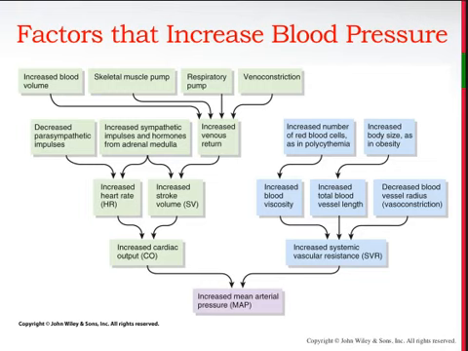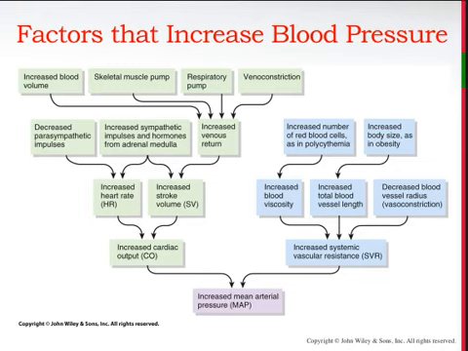So in this summary slide, we're looking at things that increase the mean arterial blood pressure, or the MAP, the mean arterial pressure. So we'll start up on the left in green. We can have increased blood volume. We can have skeletal muscle pumping, so a lot of skeletal muscle activity working on the venous side, or even on the arterial side for that matter. We can have the respiratory pump.